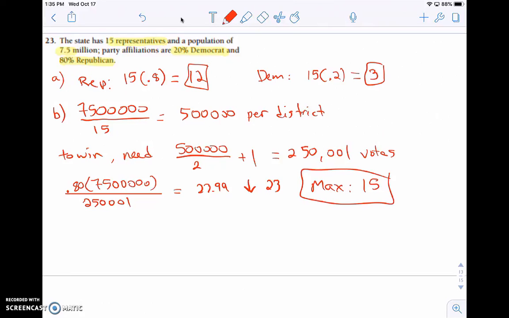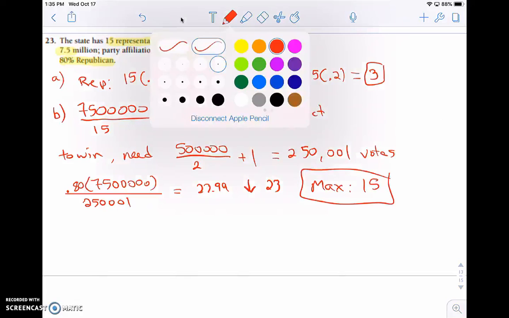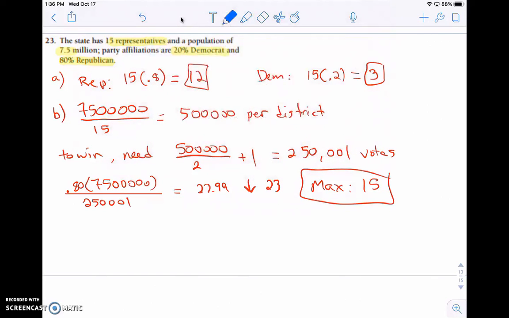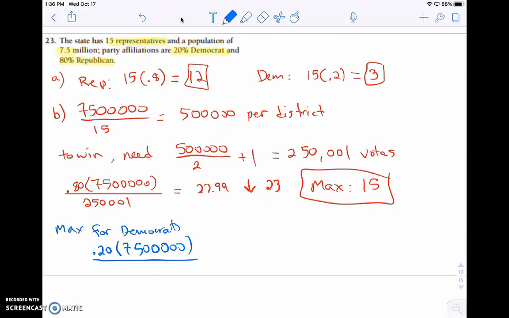Now, to find the minimum, I want to find the max for the Democrats, and then subtract that number from 15, and that will give us the minimum for the Republicans. So in this case, there are 20% Democrats times our 7.5 million divided by 250,001.